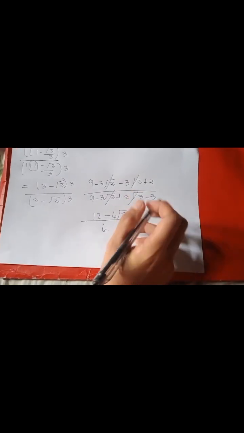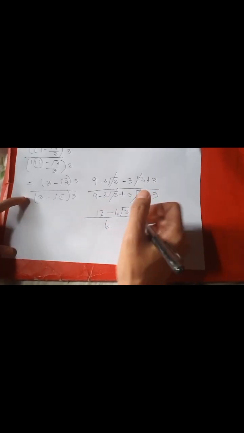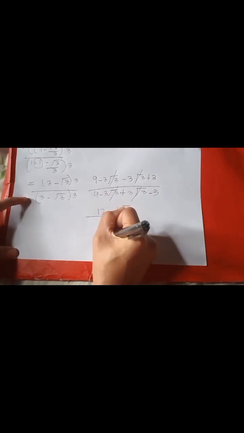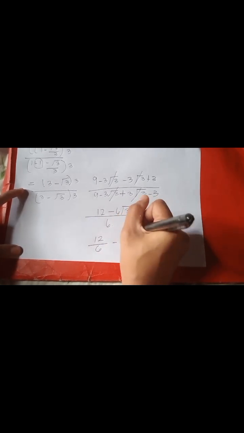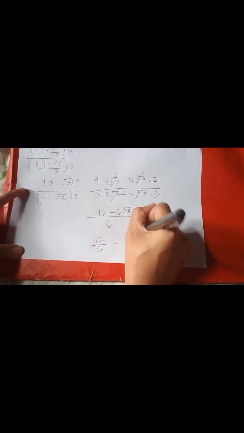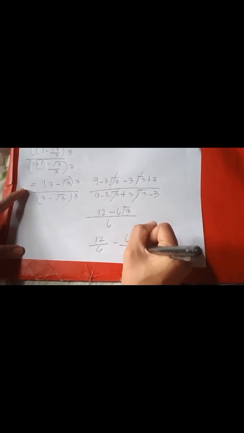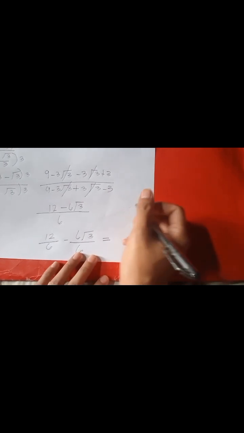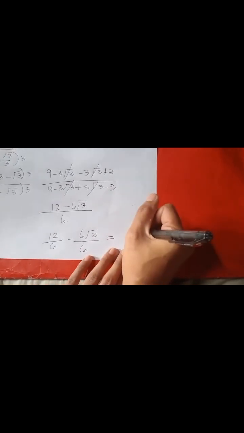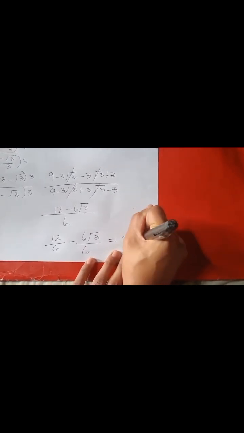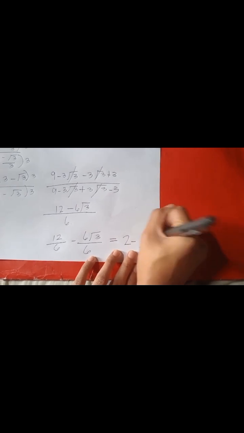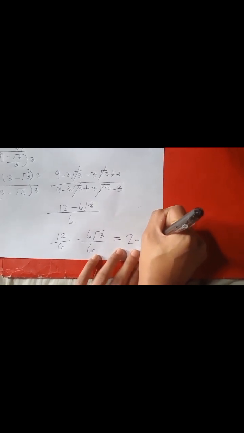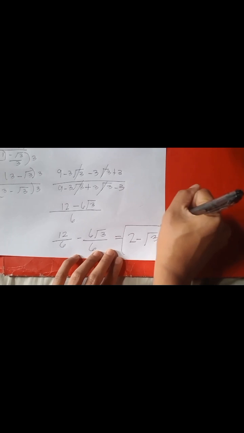So next, let's put 12 over 6 minus 6 square root of 3 over 6. So the final answer is 2 minus square root of 3. So this is the final answer.